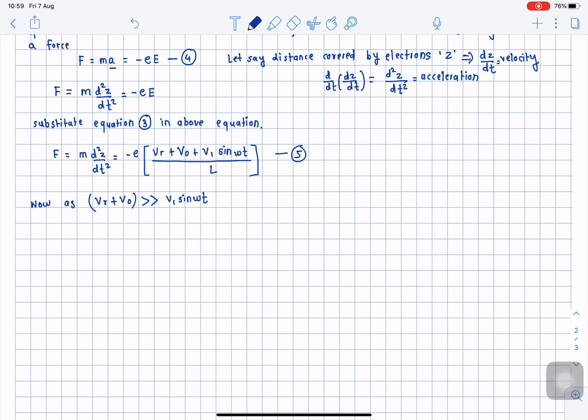So this relation holds true because when we add the repeller voltage with the applied DC voltage, the magnitude is very much higher when compared to the magnitude of the microwave signal. So what we can do is neglect the microwave signal in equation 5.